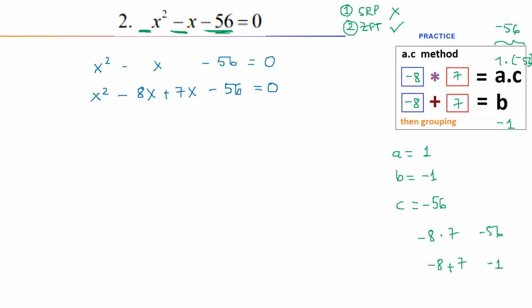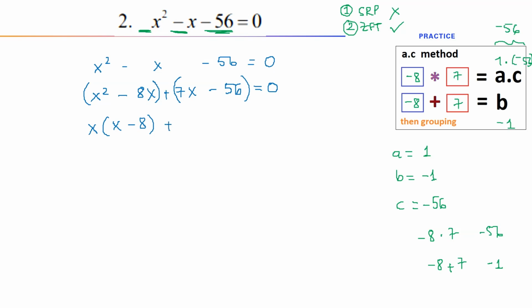All right. Now, because we're checking it and making sure that's right, we go to the next step, grouping. I will group the first two, so x squared minus 8x plus 7x minus 56 equals 0. For the first group we have x in common, so I take x out, left with x minus 8.